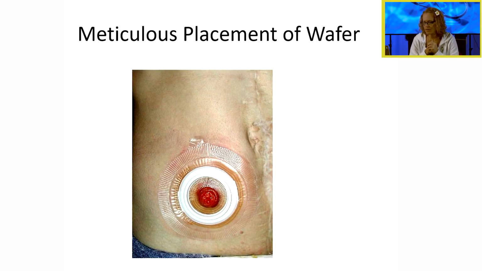Meticulous placement of our wafer is very important so that the skin is protected. Here we see an image of the wafer being placed very carefully over the stoma, and the next part is to put the bag on top of the wafer.